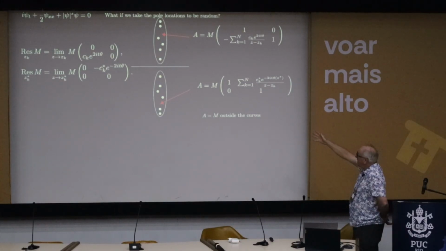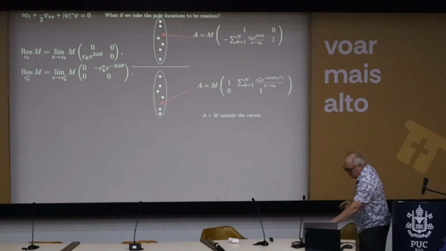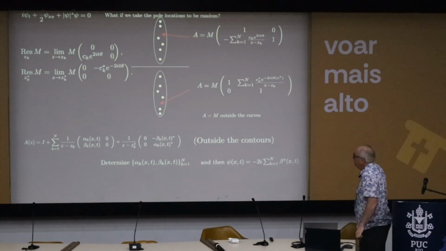So A, as a new matrix-valued function, no longer has any poles in the plane. But of course, it has jumps across these curves. You define it in a piecewise analytic fashion, and then it removes the poles by some magical algebraic calculations that I'm skipping. But the price you pay is you then have jumps across these curves.